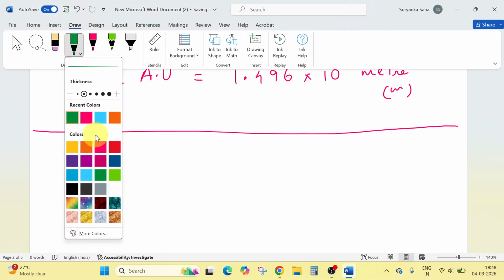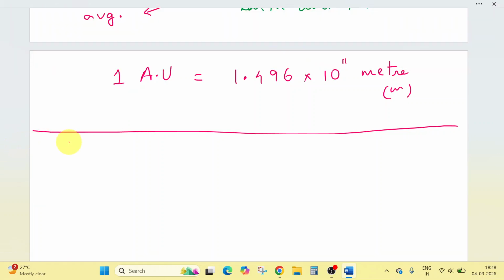Next thing is parsec. So what is parsec?